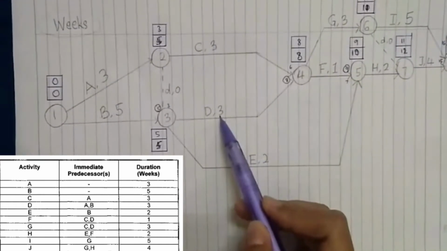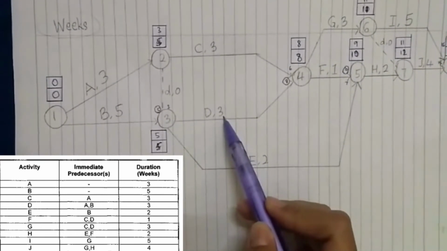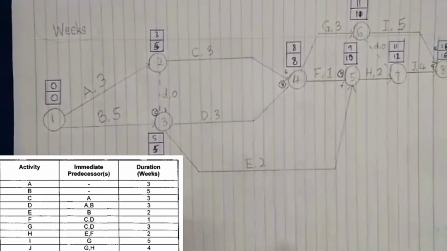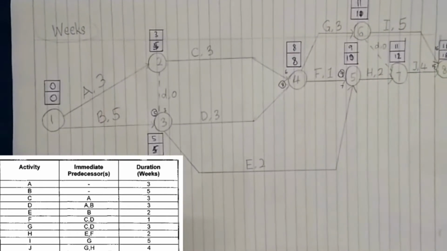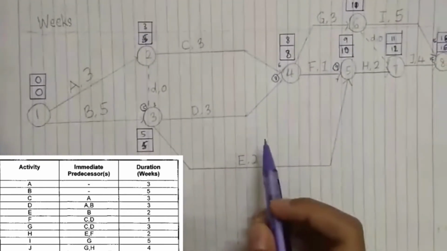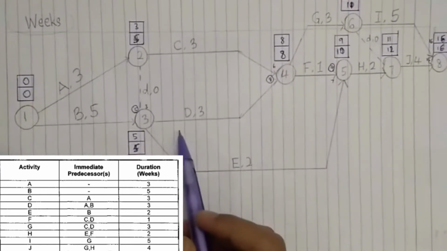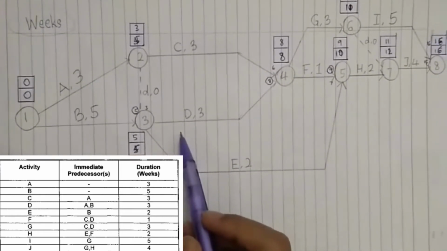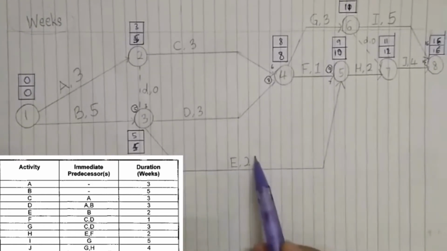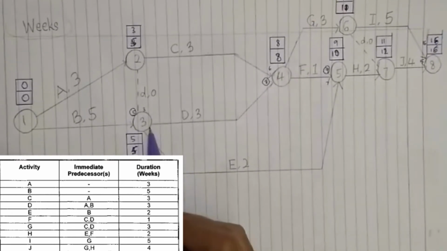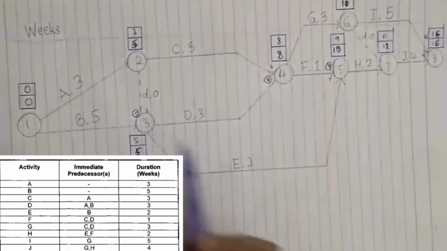So this is D with 3 weeks. And then for E, it came from the predecessor of B with the duration of 2. So this is B, so E.